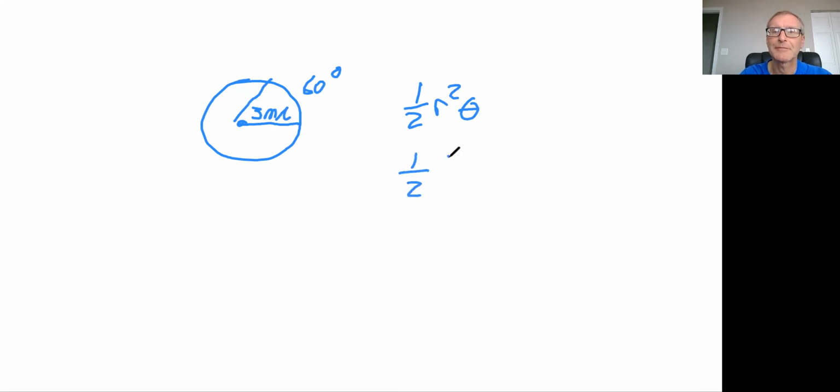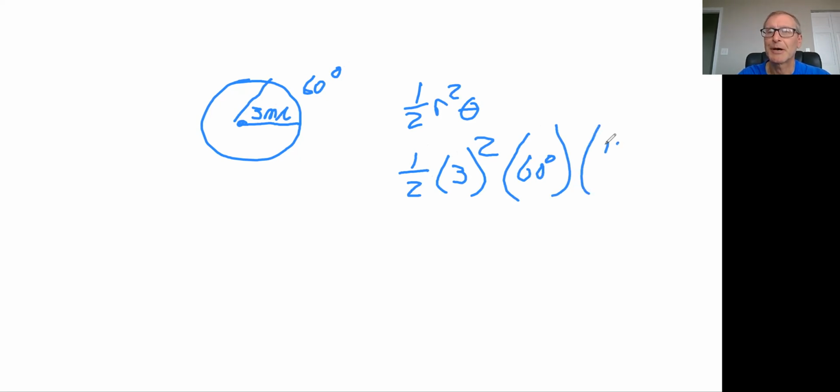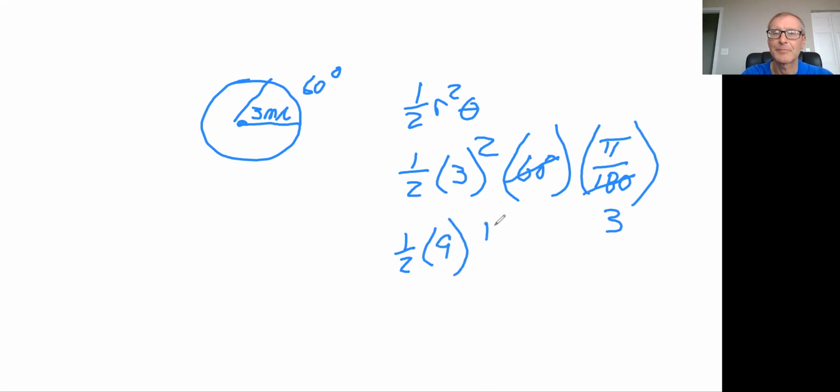So you have 1/2 times 3 squared, and then 60 degrees. To get radians, it would be pi on the top, 180 on the bottom. When you do this calculation, 60 goes into 180 3 times. So we end up with 1/2, then 9, and then pi over 3. 3 goes into 9 3 times.